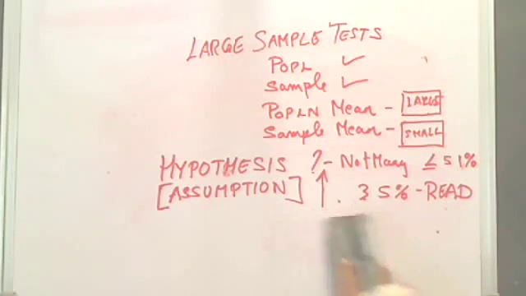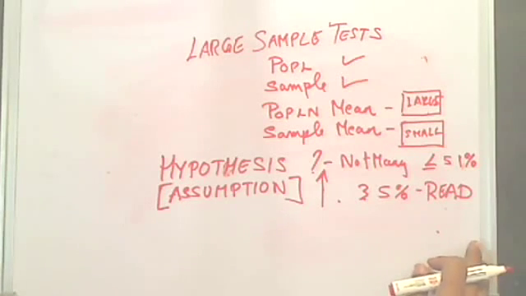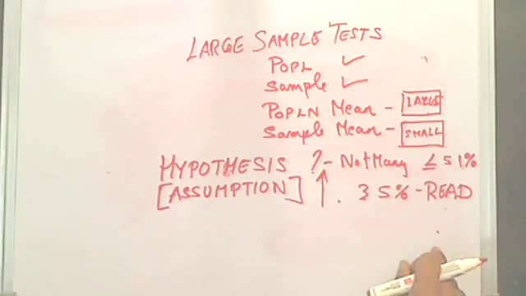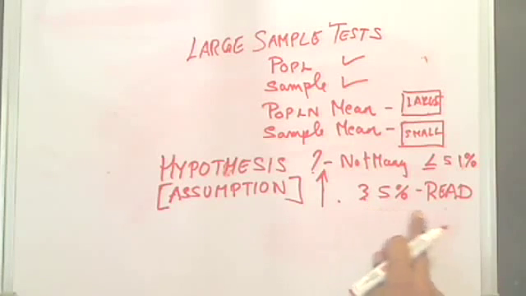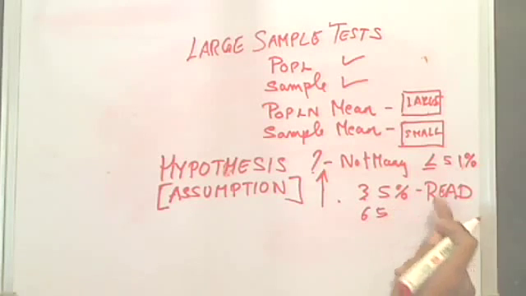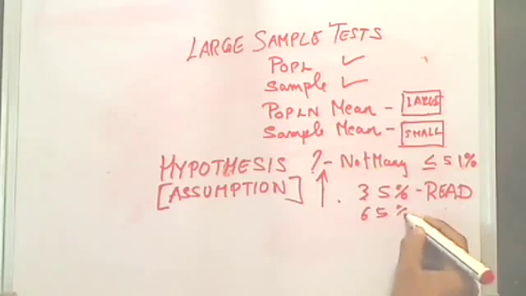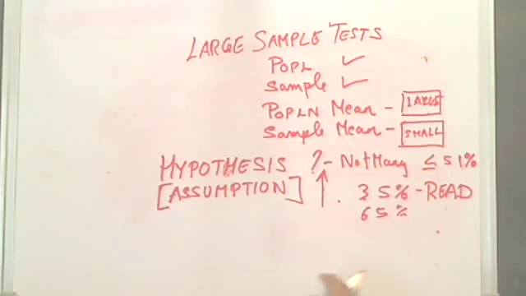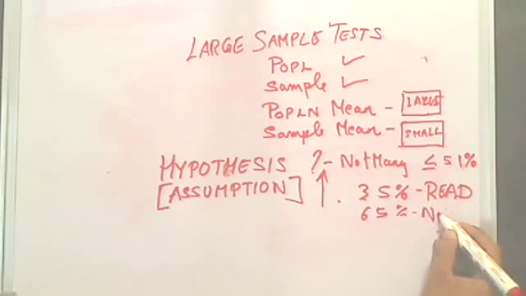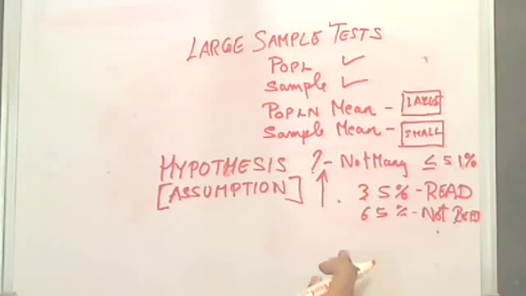My hypothesis initially, if you remember, says majority of the people do not read the product label. So 65%, I'm sorry, 65% in fact actually don't go about reading the product label. If that happens, my hypothesis actually gets accepted.